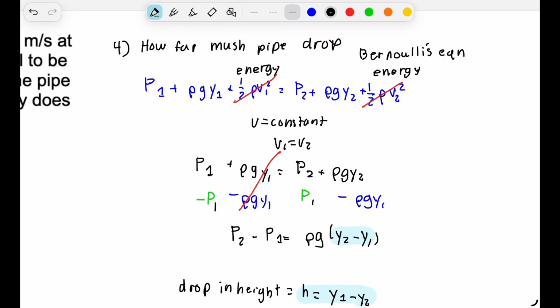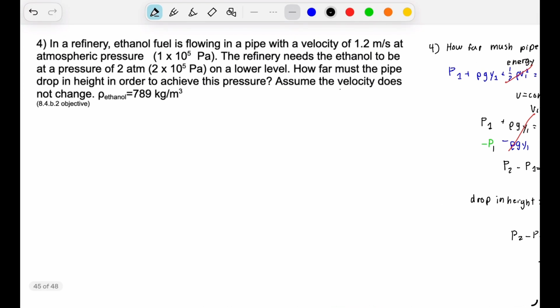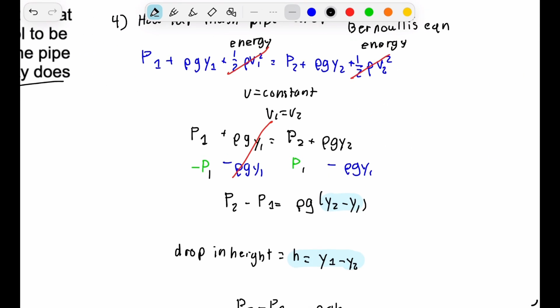So because we know our v is not going to be changing, because we're assuming velocity does not change, that energy term is going to cancel out because v is constant. So v1 is equal to v2. So we can simplify that to P1 plus rho g y1 equals P2 plus rho g y2.